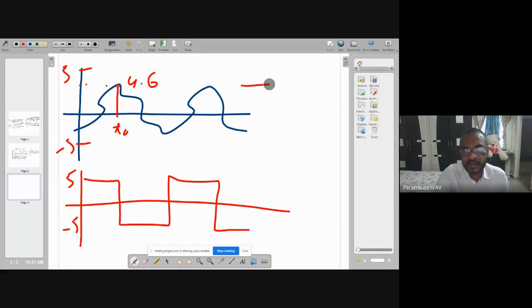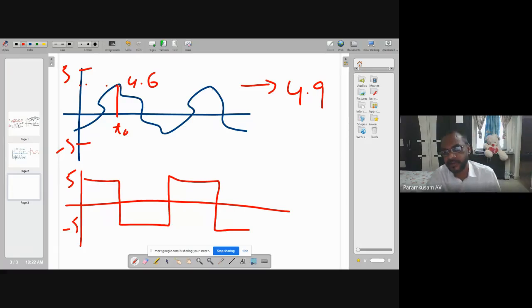At the receiver, it receives 4.9 volts. Then the receiver is not able to identify whether the transmitter transmits 4.9 volts and the noise is 0, or the transmitter transmits 4.6 volts and noise is 0.3 volts, or the transmitter transmits 5 volts and the noise is minus 0.1.